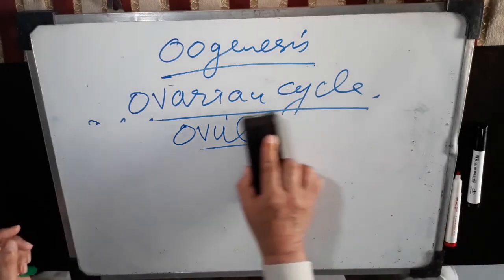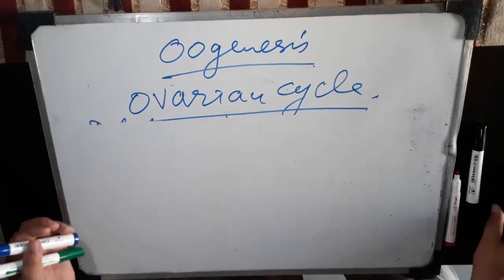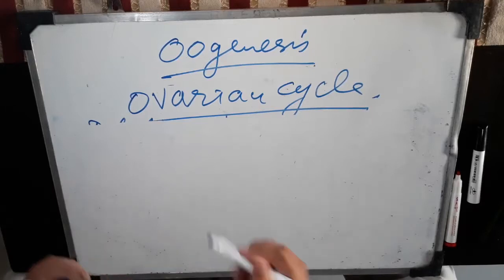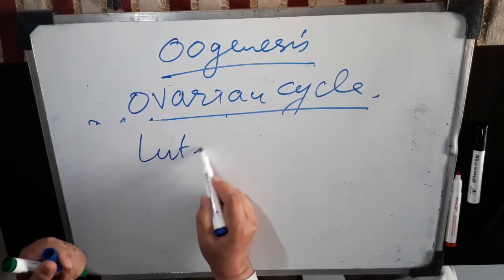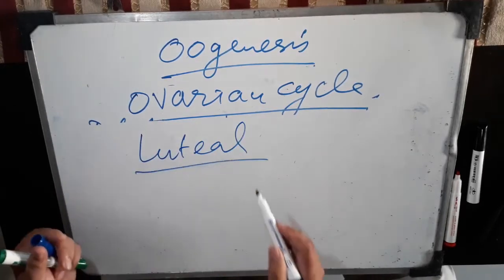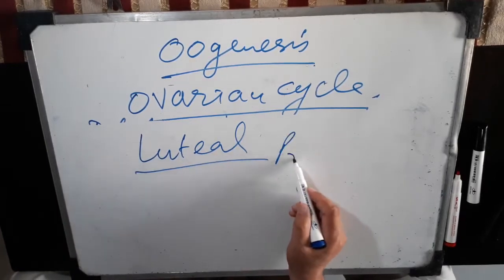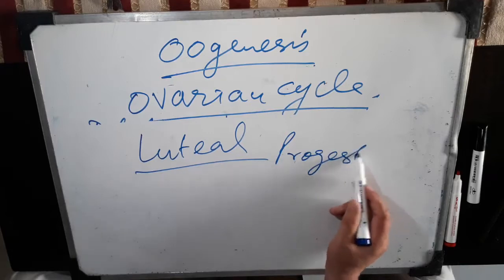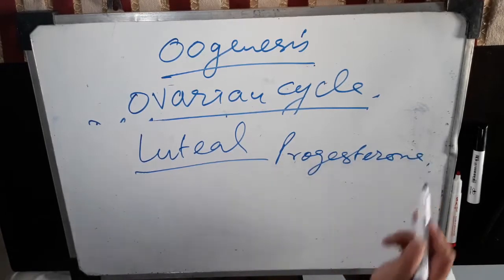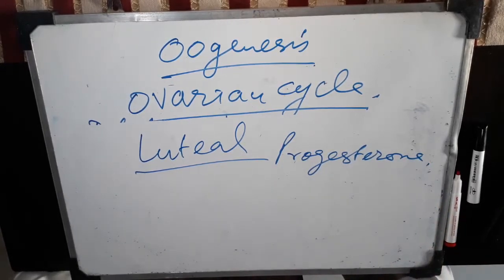Now the next phase is the luteal phase. The corpus luteum releases progesterone, which enters the blood and reaches the uterus, and controls the secretory phase of the menstrual cycle.